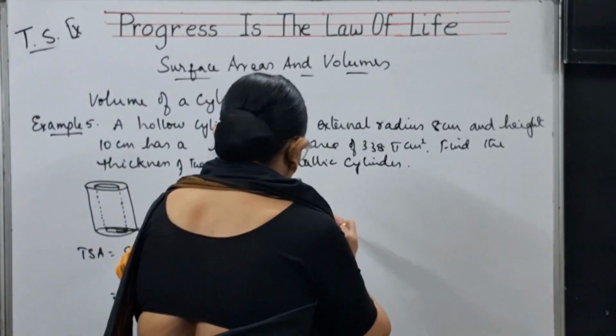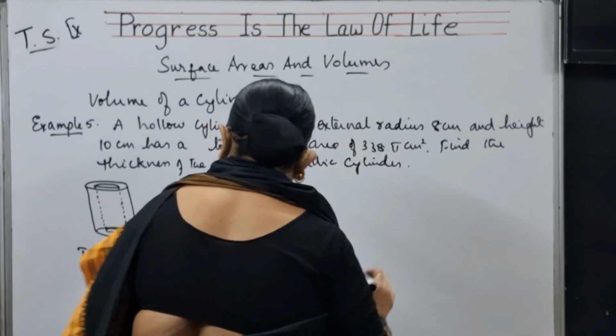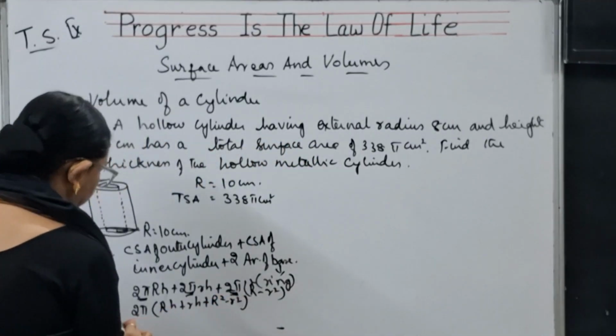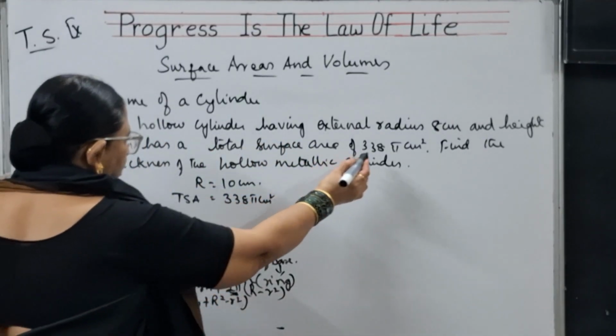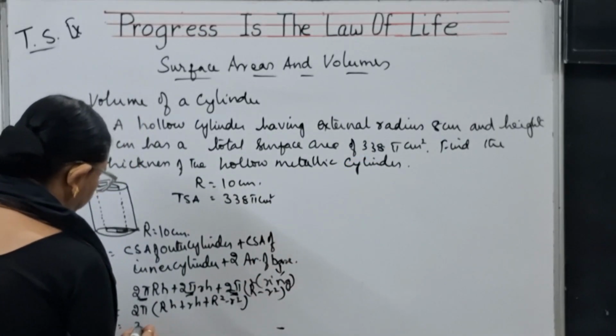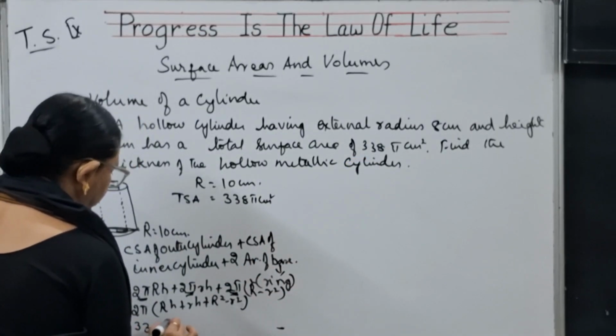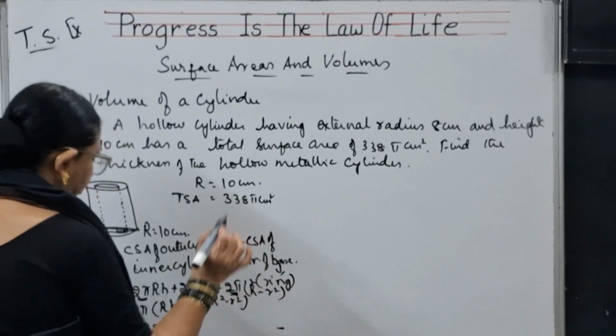So let us take this. Now this value, how much have they given, children? This value is given as 338 pi square centimeters.